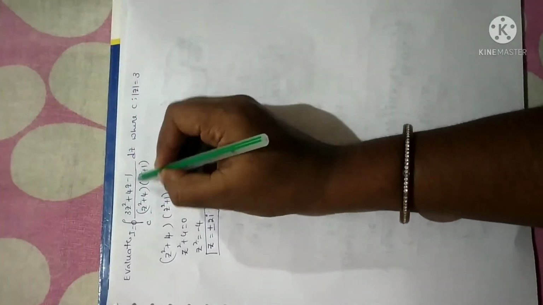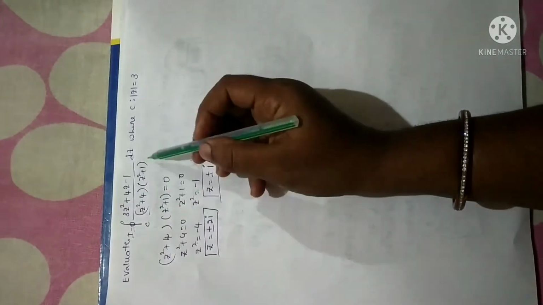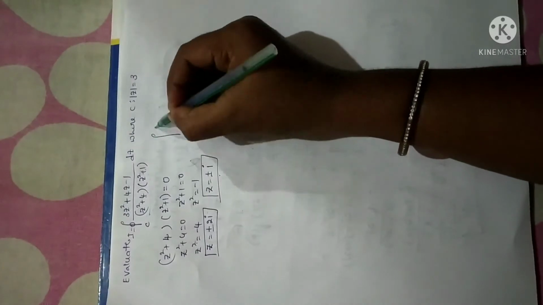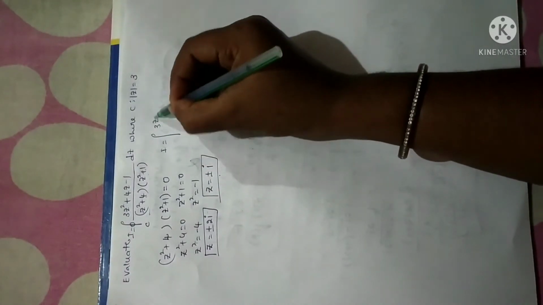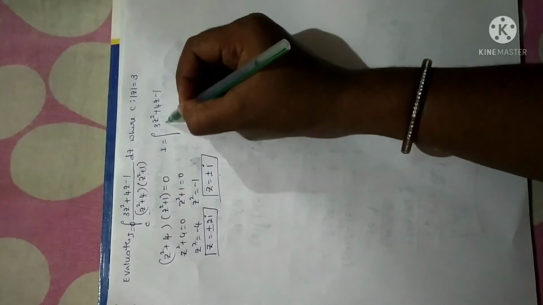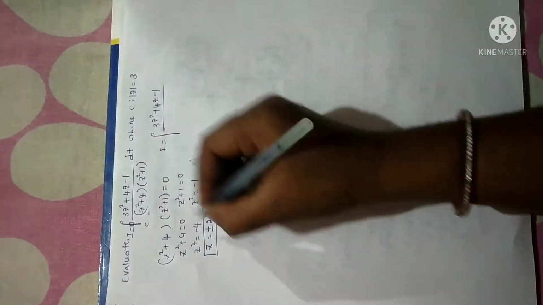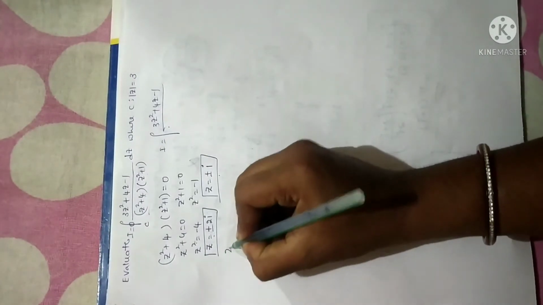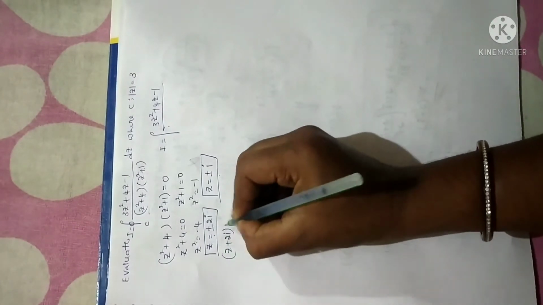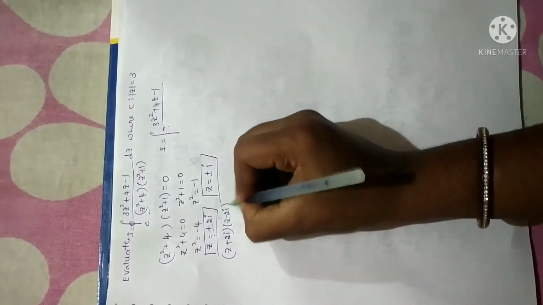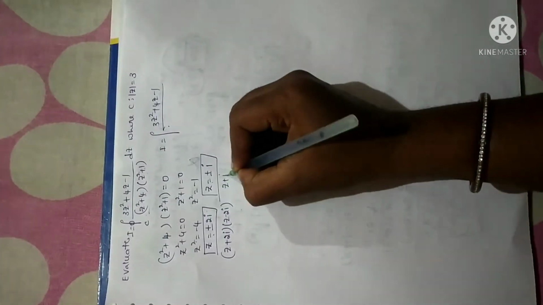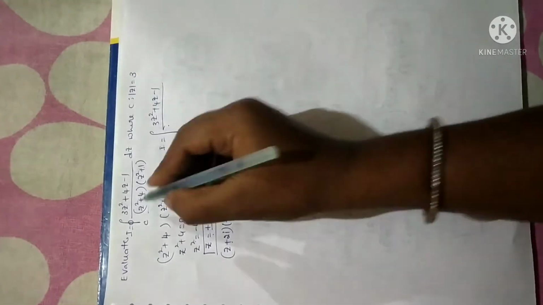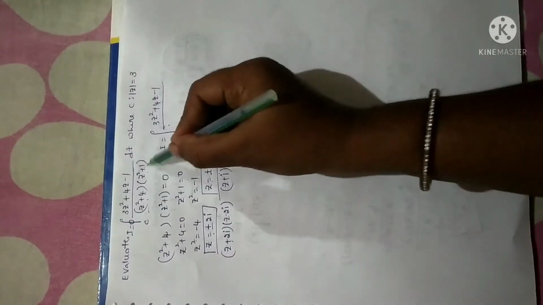Meaning, instead of applying the ax plus b and cx plus d form, I can write the integral I as the integral of (3z square plus 4z minus 1) divided by, this can be written in terms of factors. So I can write this as (z plus 2i) into (z minus 2i), and similarly I can write this as (z plus i) into (z minus i). If you multiply the first two terms, you will get z square plus 4. If you multiply the other two terms, you will get z square plus 1.